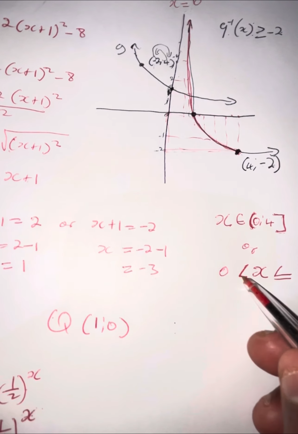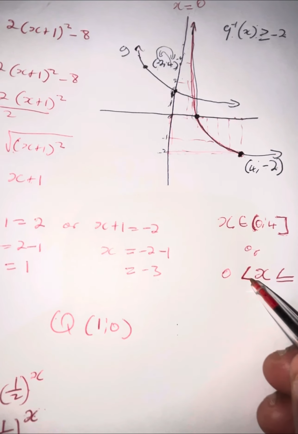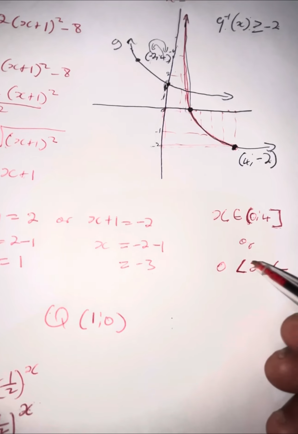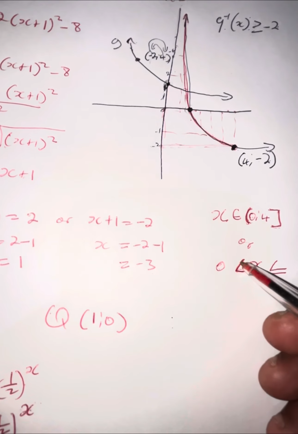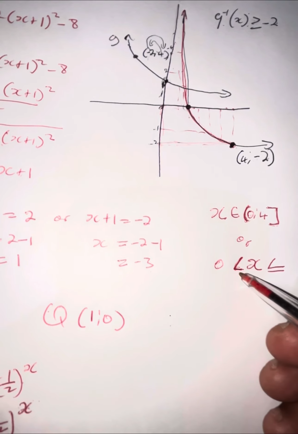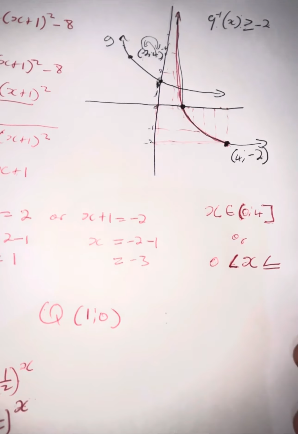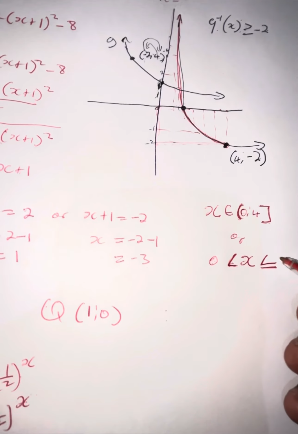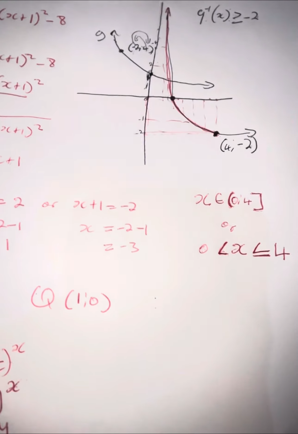Here we're using greater than, not equal to. Sometimes you're going to say greater or equal to. So for 0 it's only greater than. We do not include equal to because x is not equal to 0. This is the asymptote. But here we include equal to because x is equal to 4. So this is how we can write the solution.